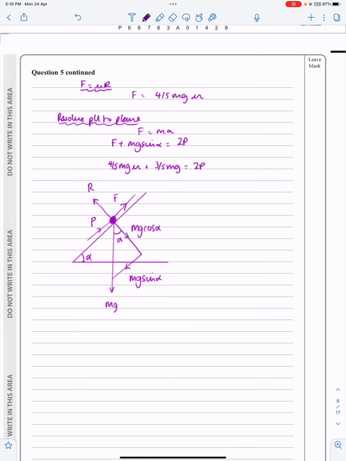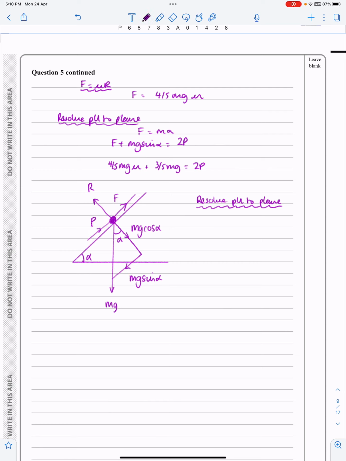So what I can do in this situation is resolve parallel to the plane again. Everything with all the other stuff has stayed the same. This time these two are going in the same direction and are going against that one there.